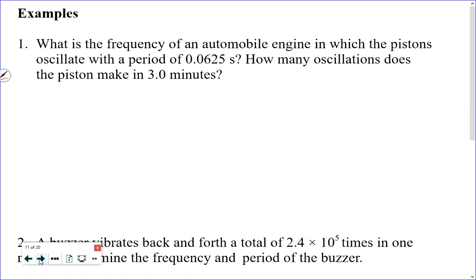All right. What is the frequency of an automobile engine in which the pistons oscillate with a period of 0.0625 seconds? Well, if that's the period, then the frequency is the reciprocal of the period. And this is what I meant by a simple calculator question.